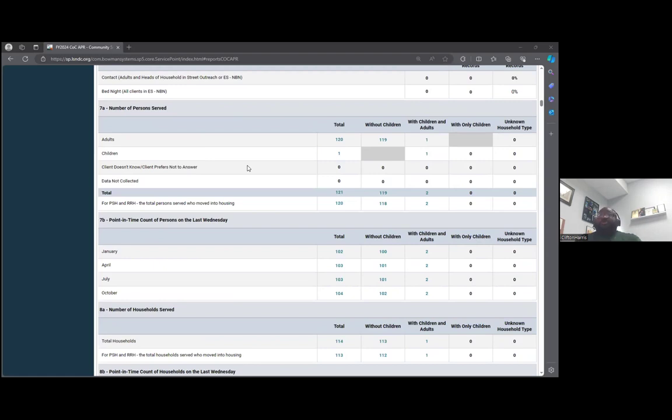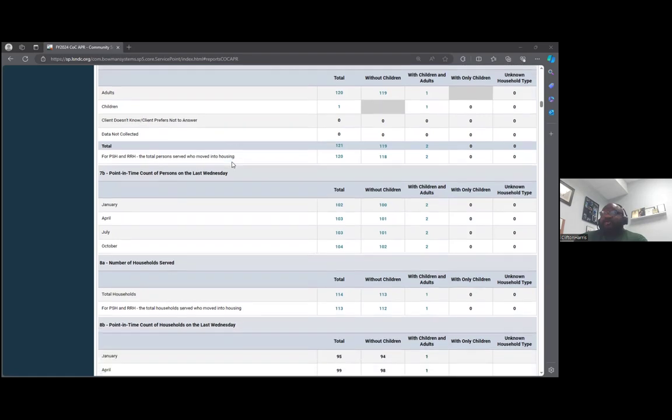So question 4 on the APR that's not included in the CSV file is actually the capacity based on these two questions, question 7 and question 8. So let's say your grant is supposed to have, let's say 100, since that's close to where we're at on this report.